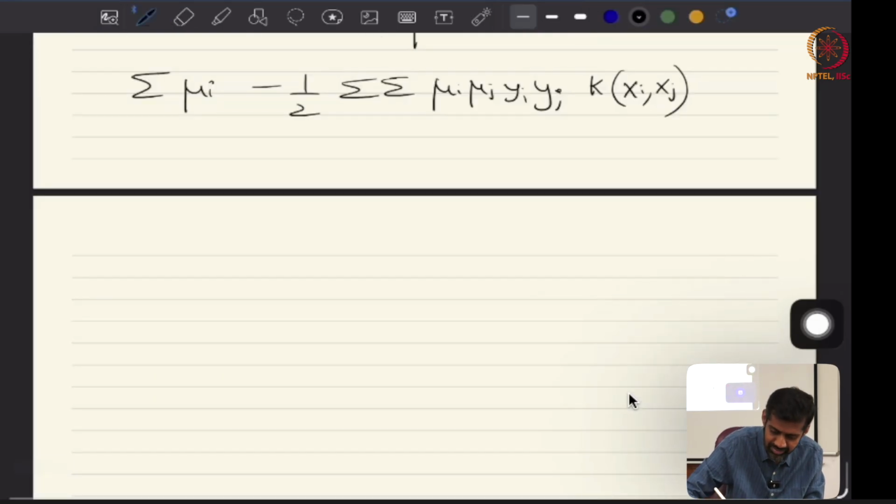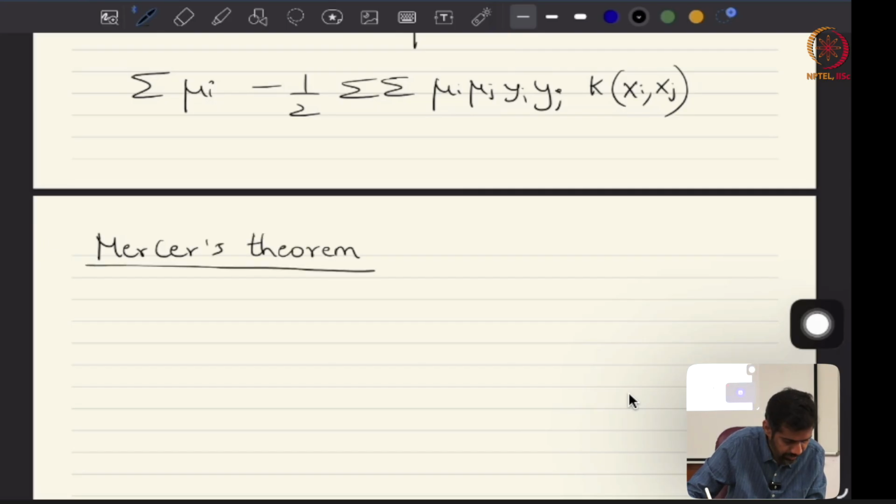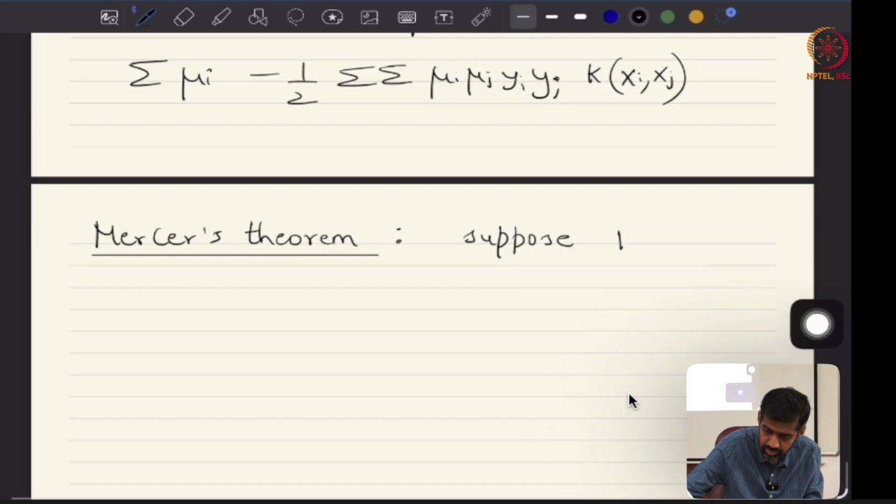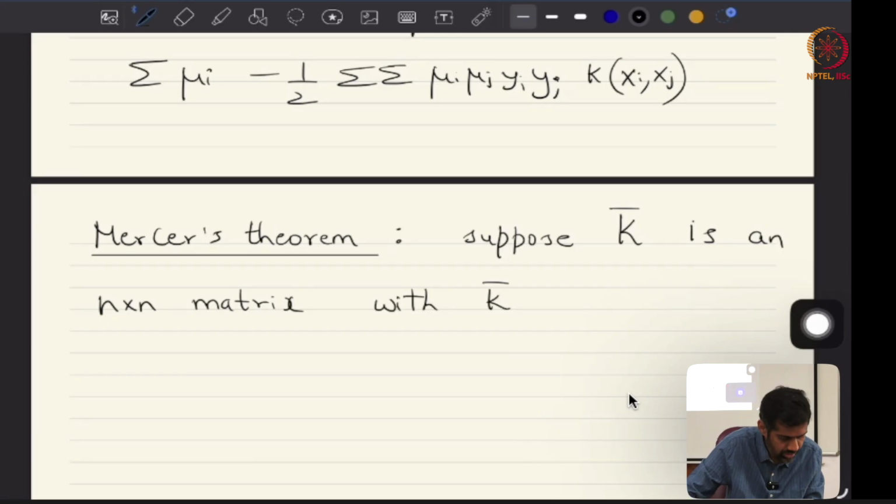Mercer's theorem says that suppose K bar is an n by n matrix with the ijth element being equal to k of xi comma xj, where k is a kernel function.